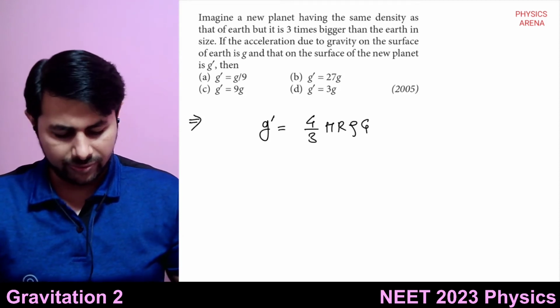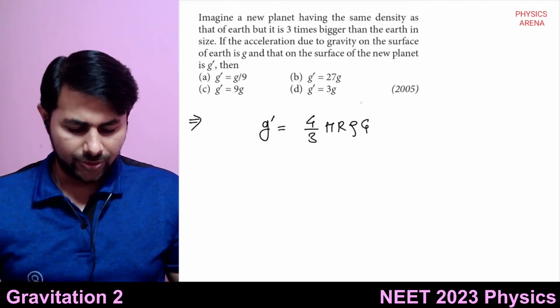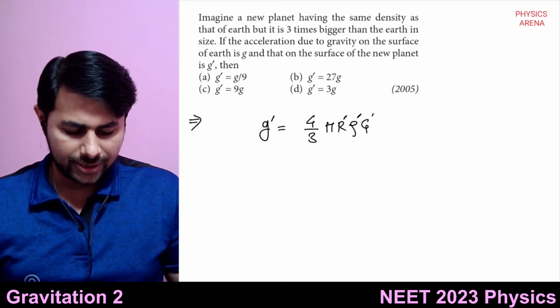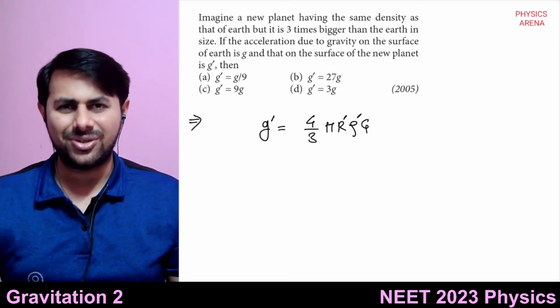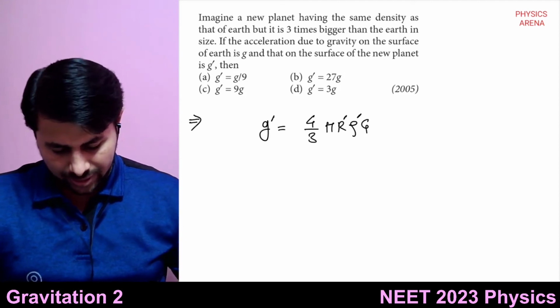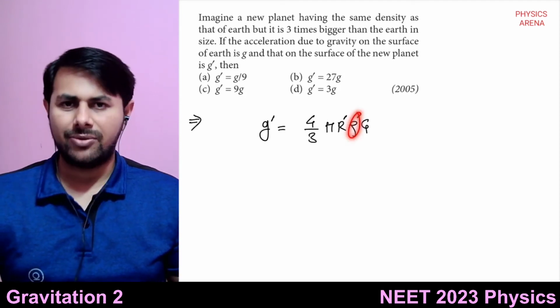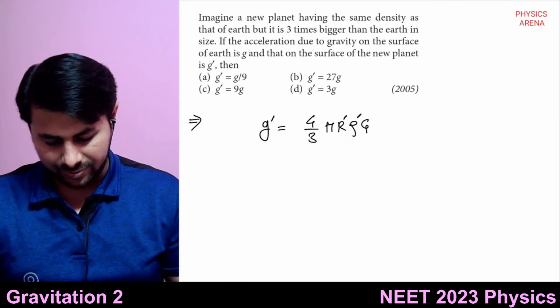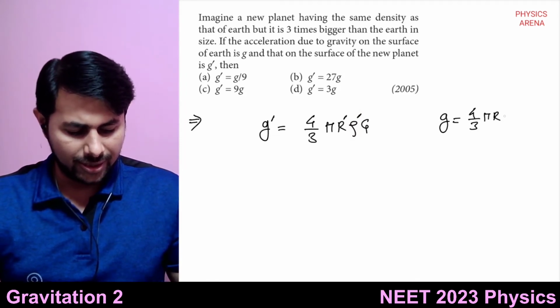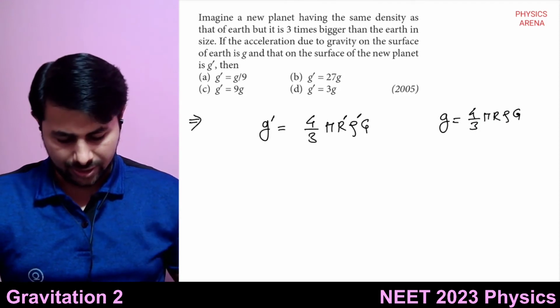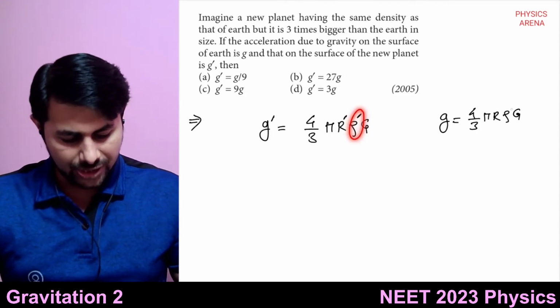So I wrote this formula for Earth. For that planet, it will be g dash equals 4 by 3 pi r dash rho dash G. This G will not change, it is universal gravitational constant, right? Density of that planet is equal to density of Earth, so rho dash is equal to rho.